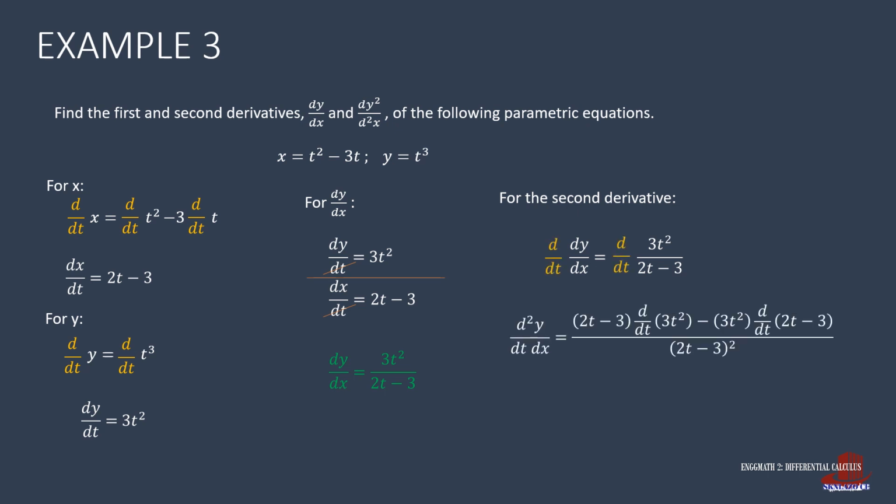And with the quotient rule, we have the lower term 2t minus 3 times the derivative of 3t squared minus the higher term 3t squared times the derivative of 2t minus 3. Then these are divided by the square of 2t minus 3.